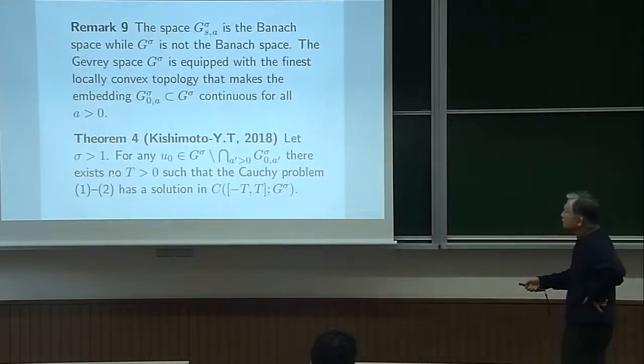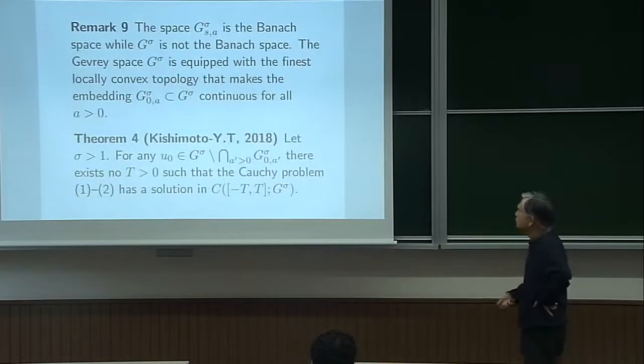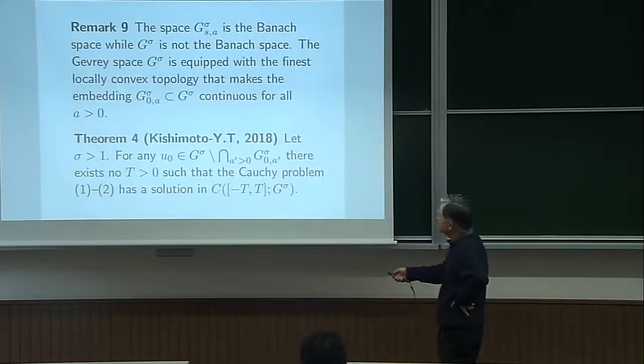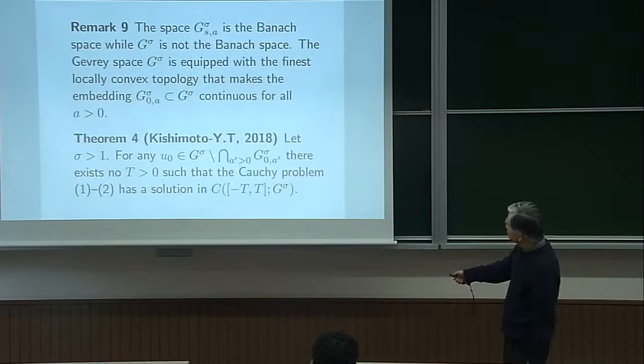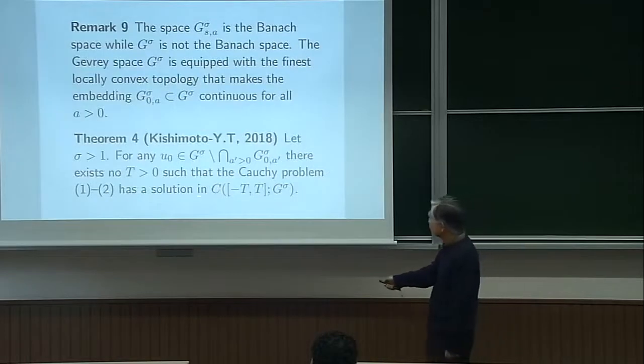Let sigma be larger than 1. For any initial data u naught not in the intersection of this space, there exists no capital T positive such that the Cauchy problem has a solution.